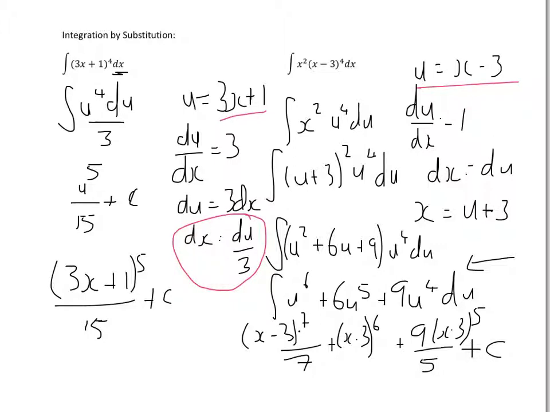Then, if necessary, rearrange for x equals. Okay, substitute them both in, so where there was a dx, we put a du over 3, so that's there. And then, where there was an x, we ended up putting a u plus 3. Okay.